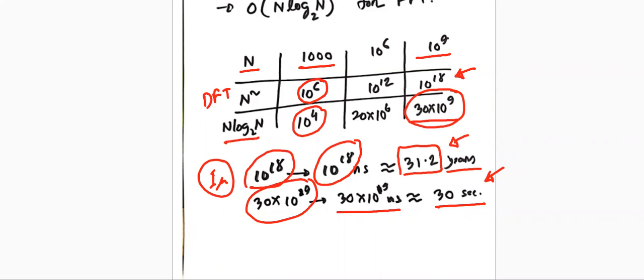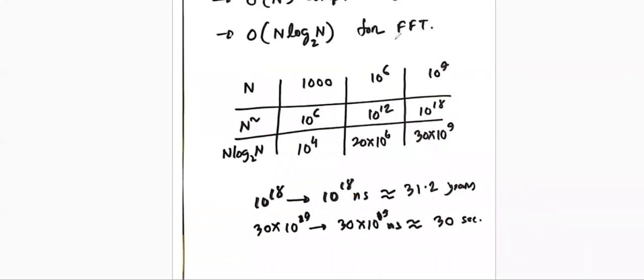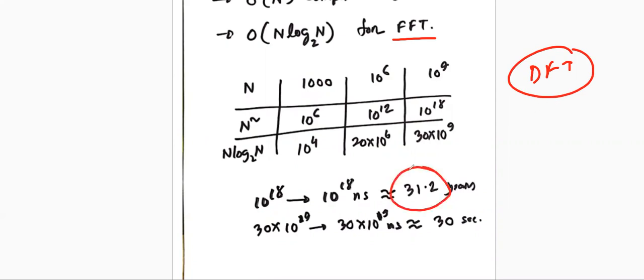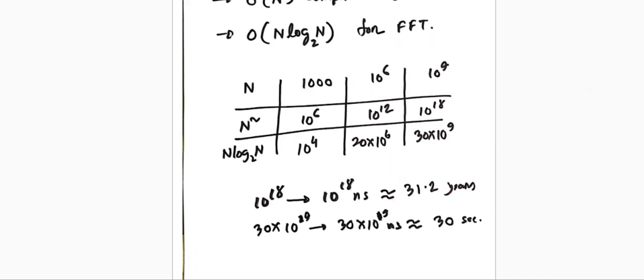And to be very specific, before having these fast Fourier techniques, it was totally impossible to implement the DFT in the computer, because even for small sample sizes, 10 to the power 6, it takes a huge amount of time. So that's why it was not practically implementable before the fast Fourier techniques were found.